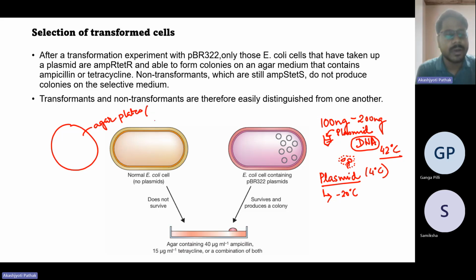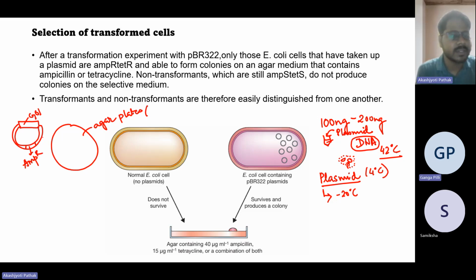For example, you have cloned your gene of interest in a plasmid. This is your gene of interest, and this is your plasmid vector. Say this plasmid vector has a particular antibiotic resistance gene, say an ampicillin resistance gene.